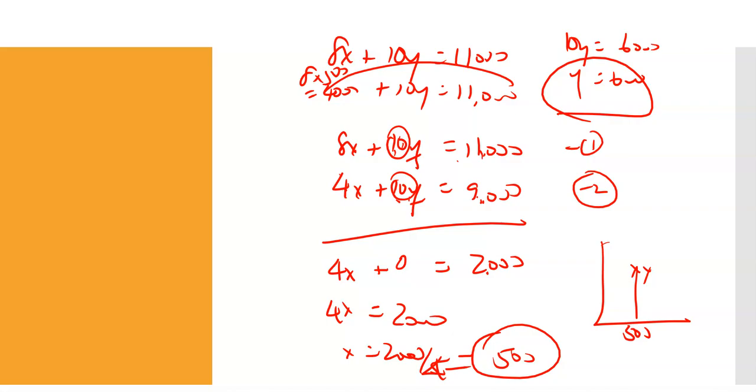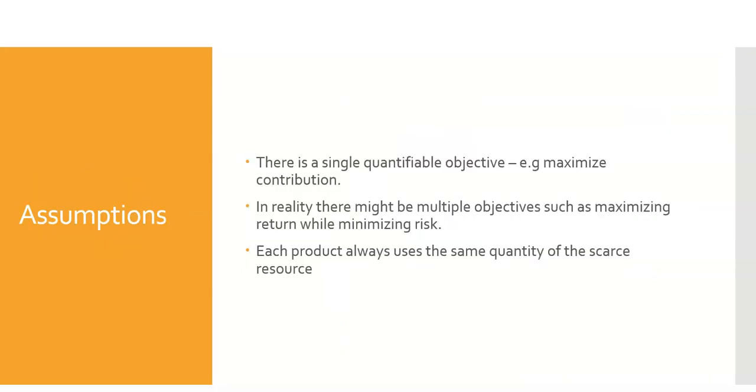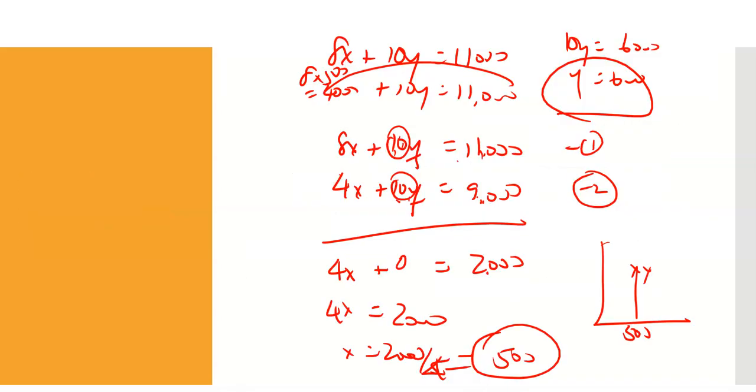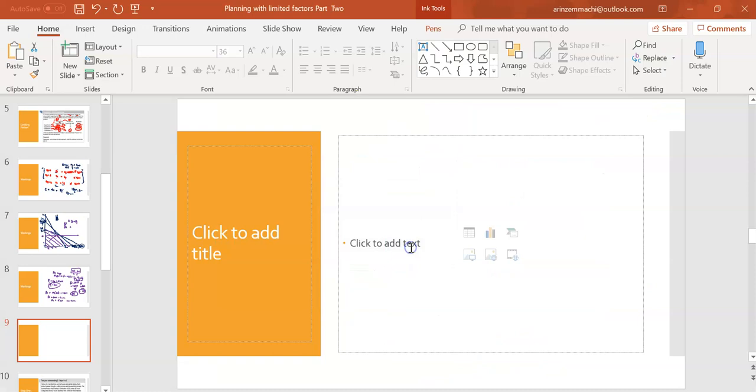So what am I saying? The key point here is that it's been a bit long. Your aim is to, first of all, create the equations so you understand what your constraints are. And then plot your constraints, or if you like, draw the picture.